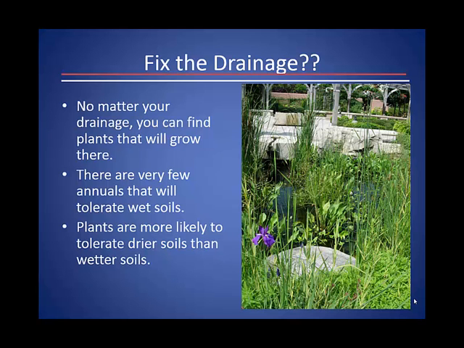What's that? A rain garden is basically an area where water may drain to, and you actually want it to drain to that area. It's an area where you can amend the soil with compost so that it soaks up the water, and then plant it with native plants.